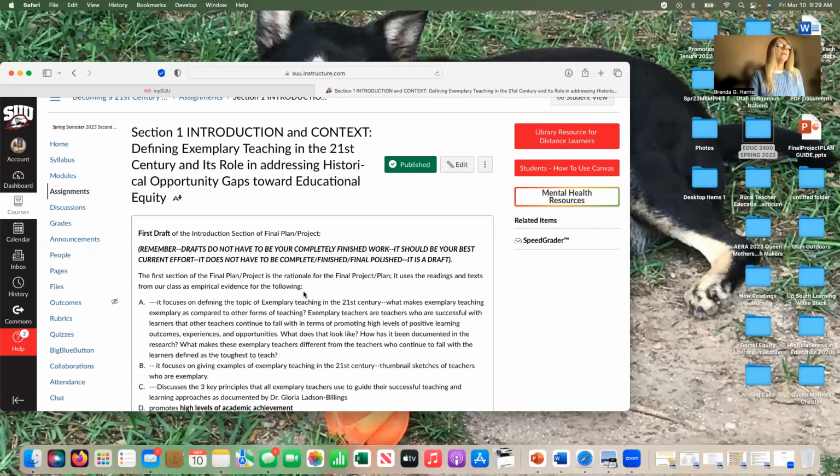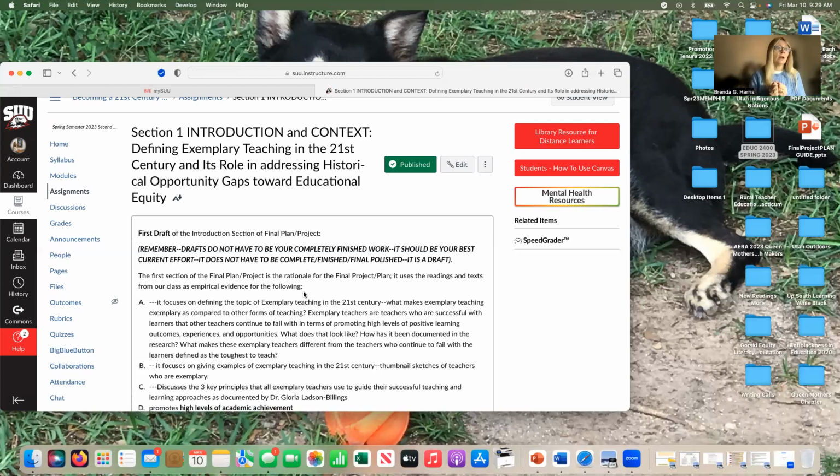So what it should be used for is the following. A, it focuses on defining the topic of exemplary teaching in the 21st century. We've already talked a little bit about that. What makes exemplary teaching exemplary as compared to other forms of teaching? The adjective exemplary means that there's an unspoken other part of that: exemplary and then the non-exemplary.